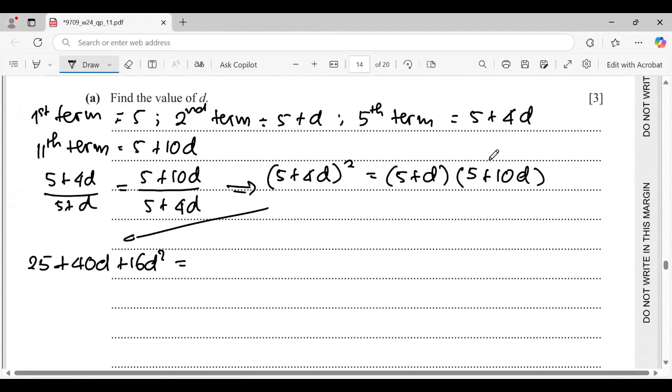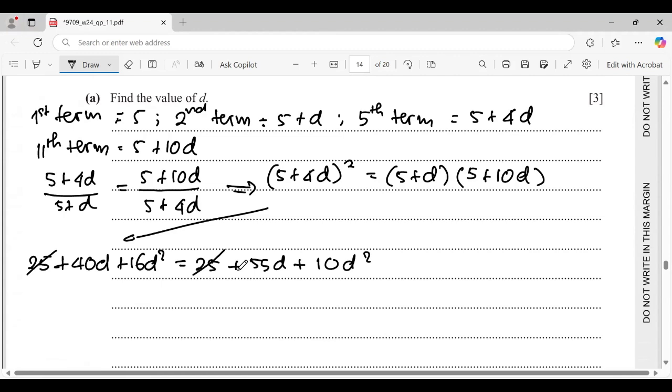And if we multiply this, it becomes 25 plus 50 plus 5, which means 55D plus 10D squared. So 25 minus 25 equals 0.